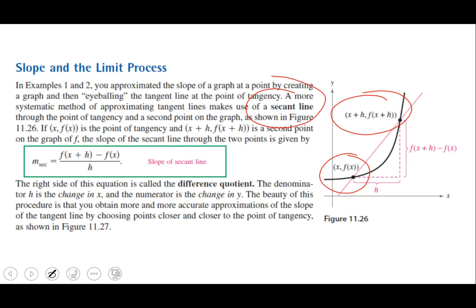If you were to use your old friend, the slope formula, y2 minus y1 over x2 minus x1, and if you were to simplify it, that is what's called the difference quotient. So the difference quotient is shown here. And again, it really represents the slope of the secant line, which is what we abbreviate with m sec.